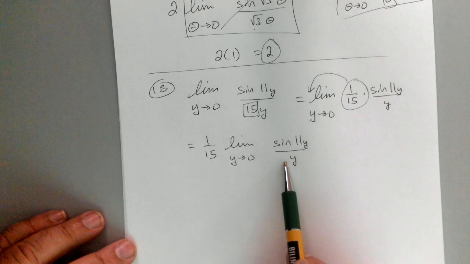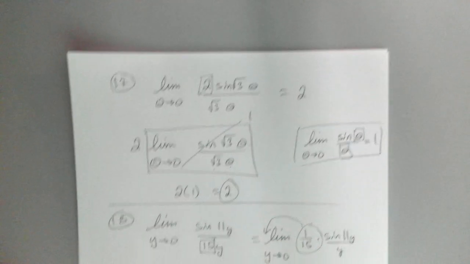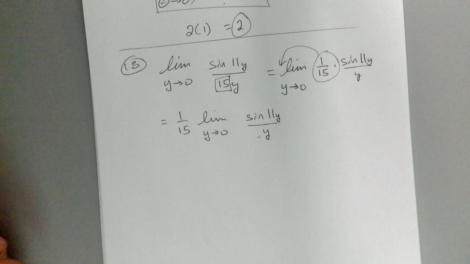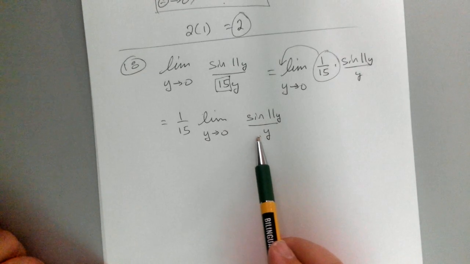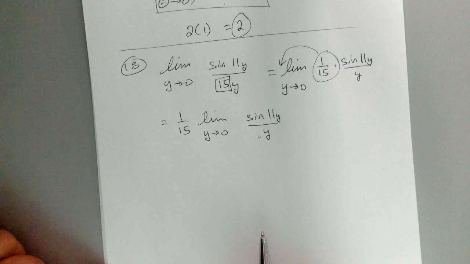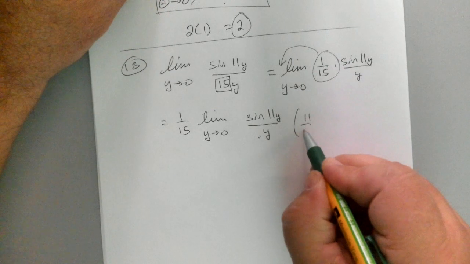I need 11 down here to use this rule. Can't I just put 11 down there? I have to multiply by 11 over 11.